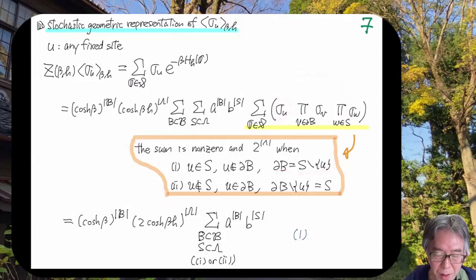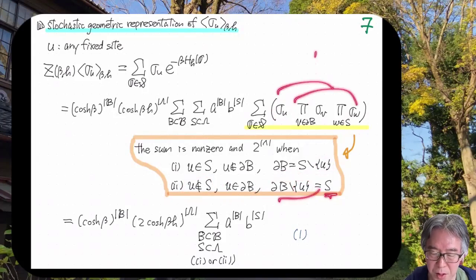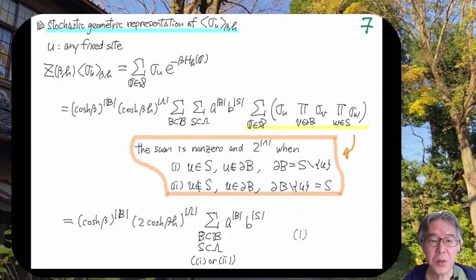Now suppose in the second case u is here, in the boundary of B, so u should not be in S. And similarly, the set obtained by taking away u from dB should be equal to S in order for everything to be 1.